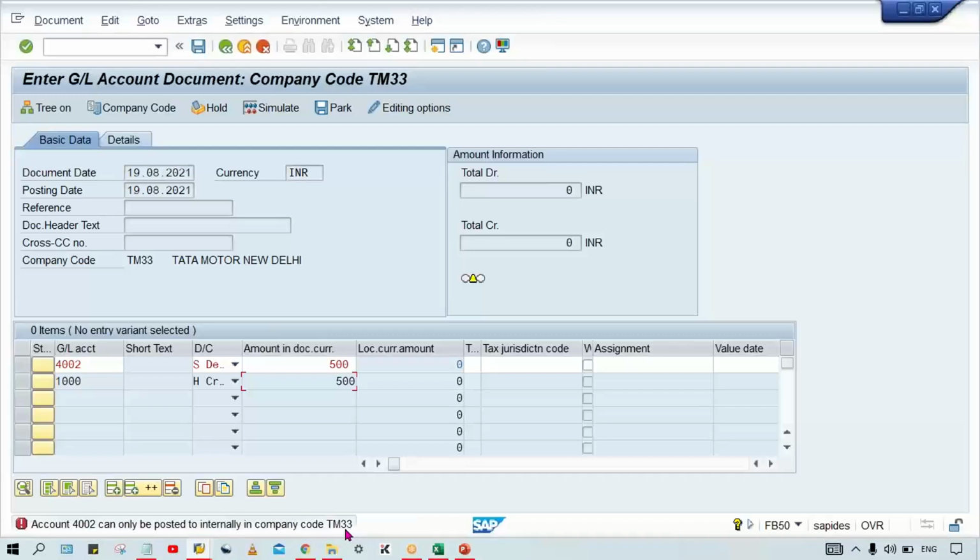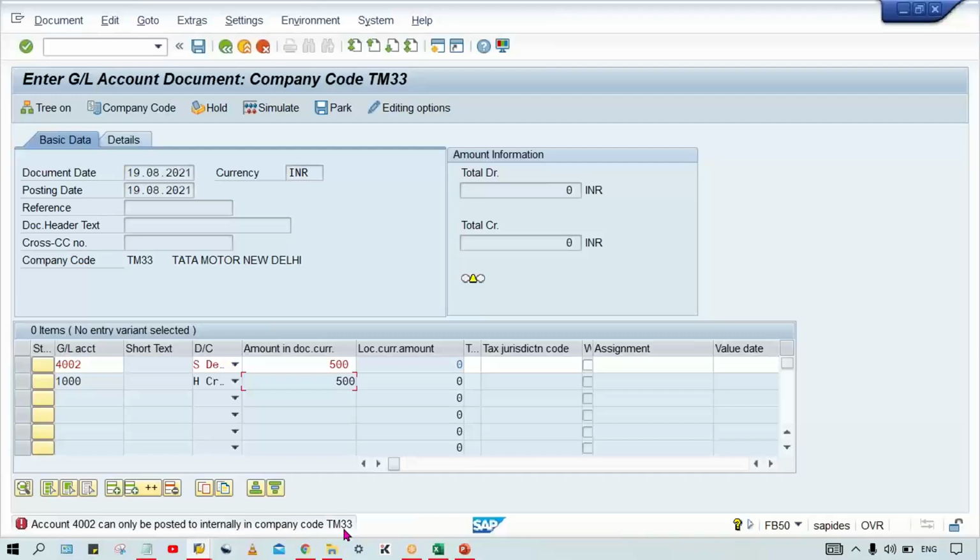4002 can be posted internally in the company code TM33. It means this GL is supposed to be derived by the system automatically. This GL cannot be used for manual posting. So through FB50, through F-02, this GL cannot be posted directly.